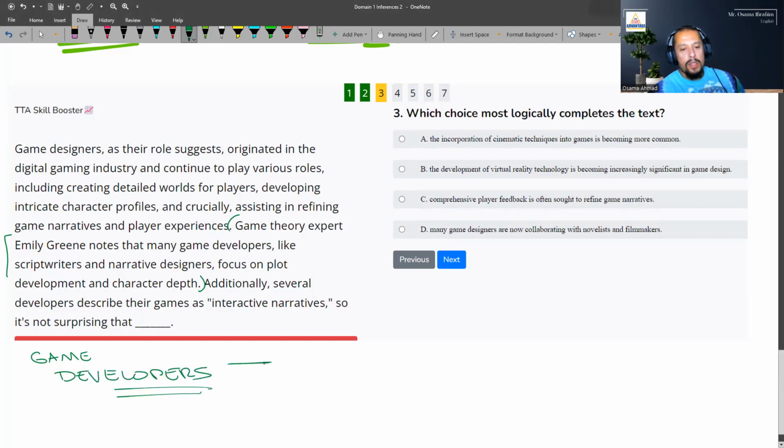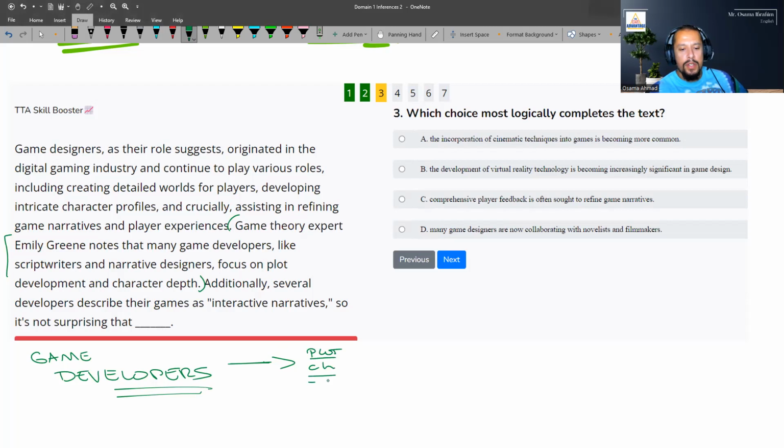And so what does Emily tell us about game developers? Game theory expert Emily Green notes that many game developers, like script writers and narrative designers, focus on plot development and character depth. So what do game developers also focus on? The plot development and the characters.